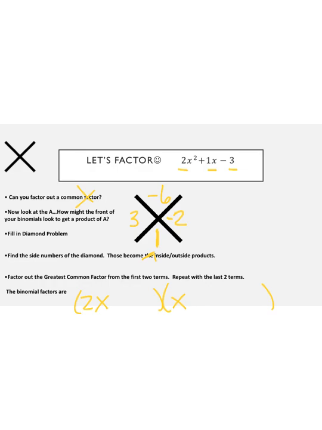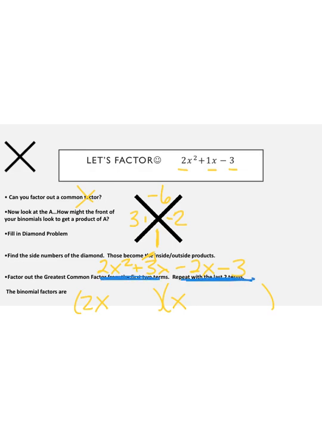So then we're going to write our 2x squared plus 3x minus 2x minus 3. And then we're going to start dividing out common factors of the terms here.